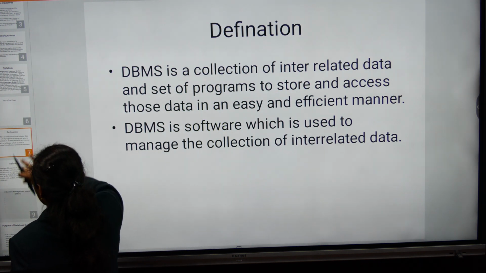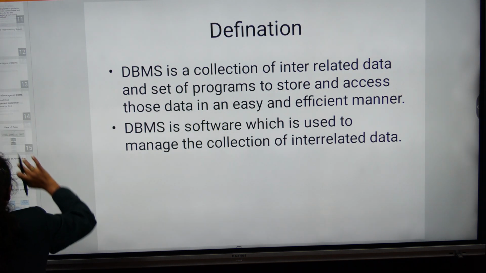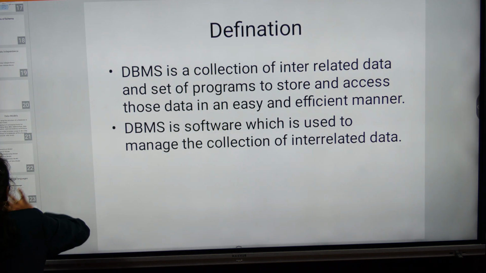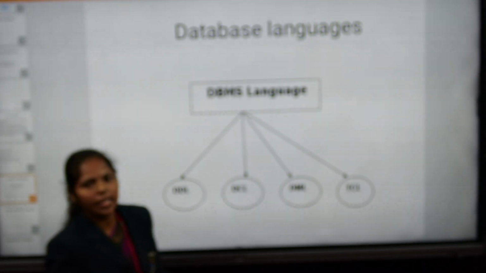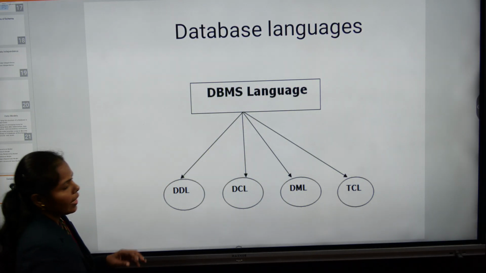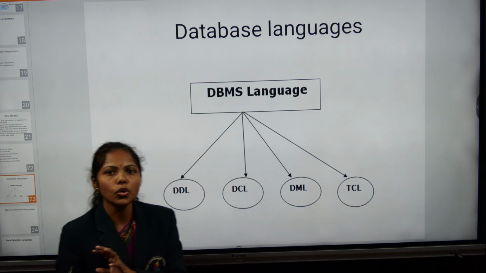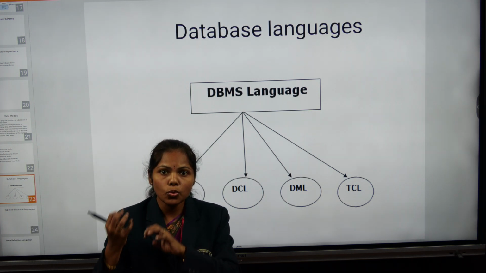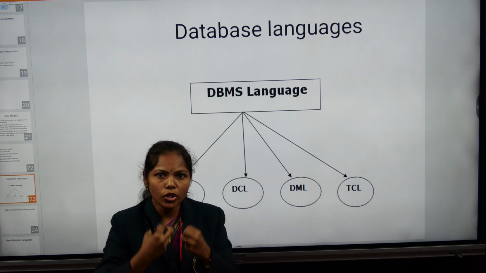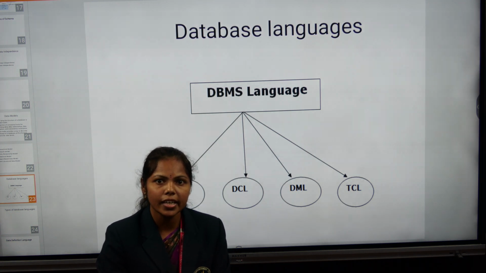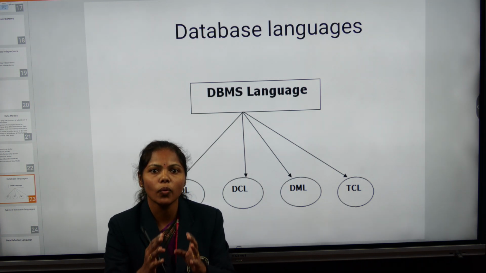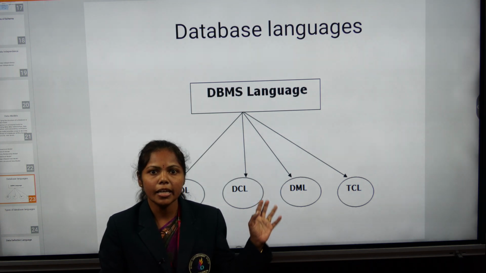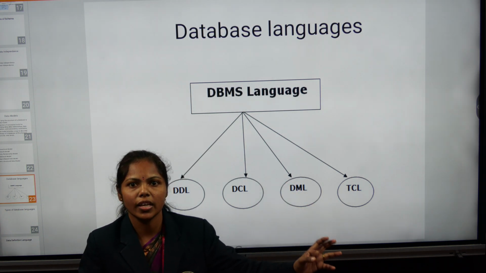Next I will explain the DBMS languages. Why do we require these languages? These languages are used for communicating between the user and the database. If you want to retrieve the data, insert the data, or update the data, we require DBMS languages. DBMS languages use SQL commands.